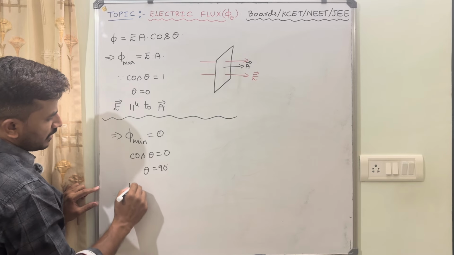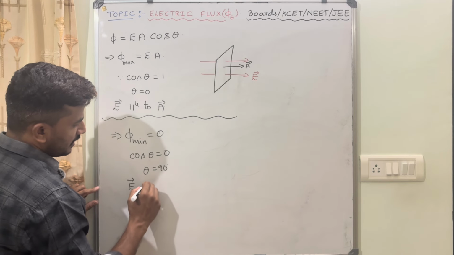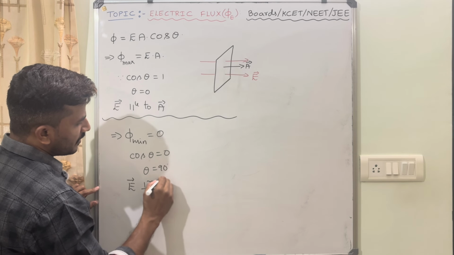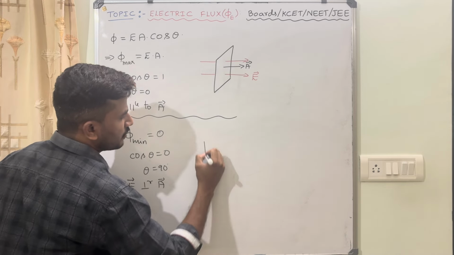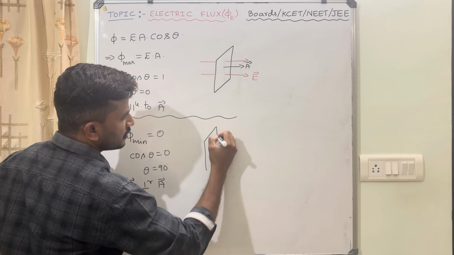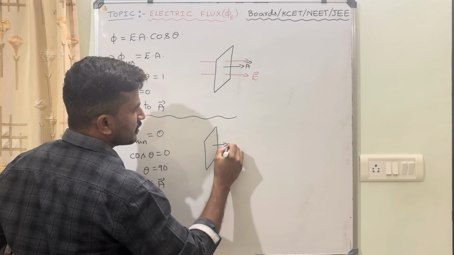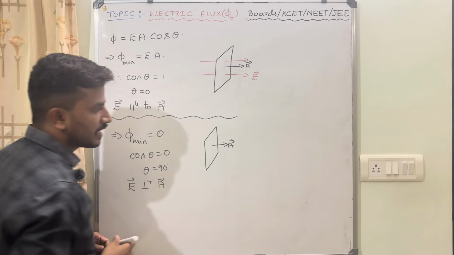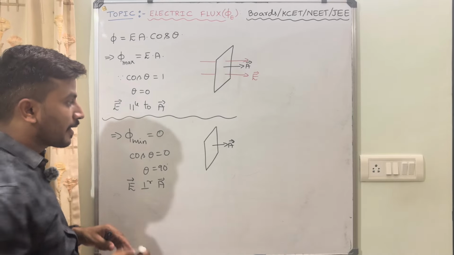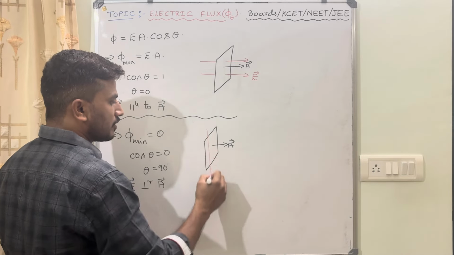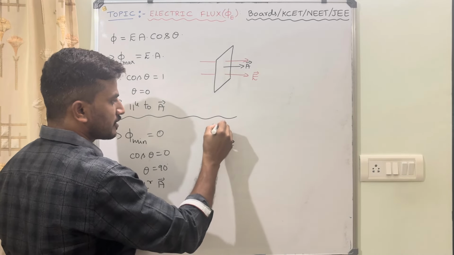That means the electric field vector is perpendicular to the area vector or parallel to area. So this is the area, okay. The area vector is in this direction, but the electric field is passing parallel to the area, in this direction.